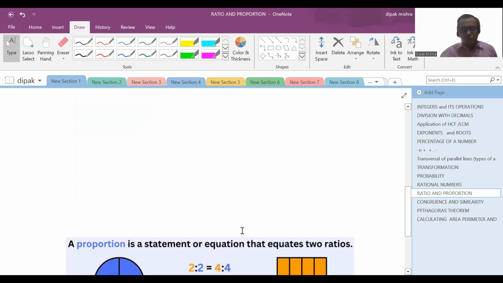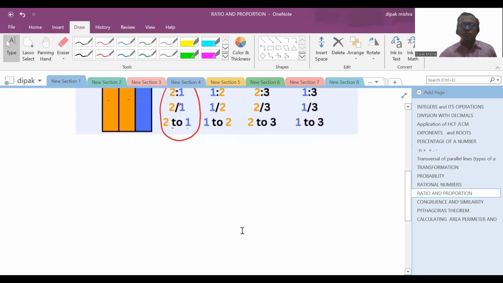So when I talk of proportion, what do you mean by proportion? Proportion means it considers more than one ratio. It considers two ratios, and equality of two ratios is known as proportion.